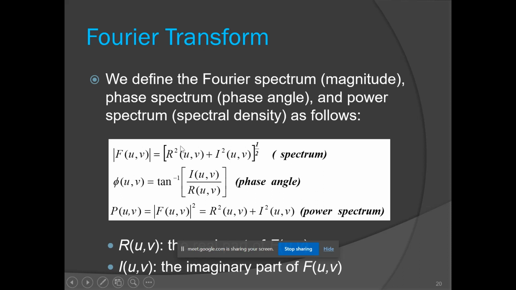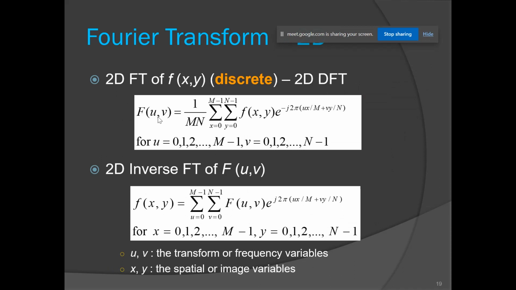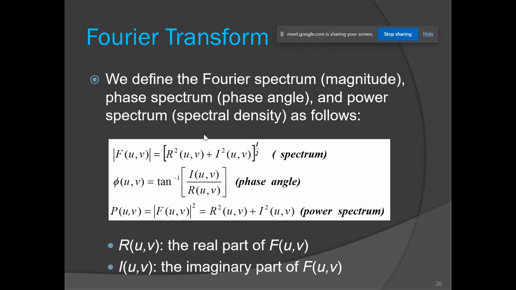From the Fourier transform equation we can calculate these parameters. The first parameter is known as the spectrum, or magnitude spectrum. Here R of uv represents the real part of F of uv, and I is the imaginary part.